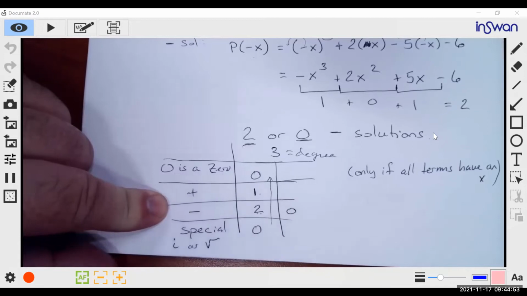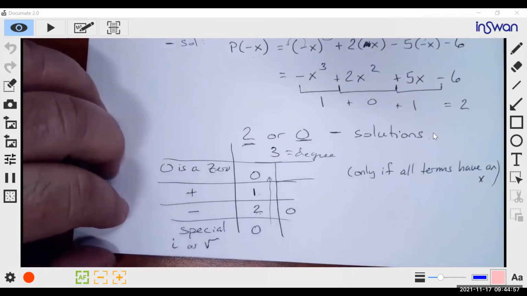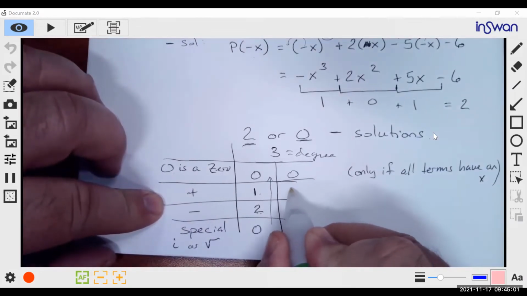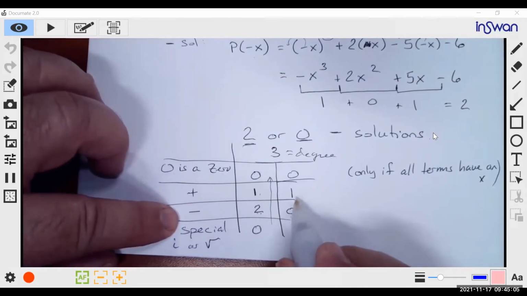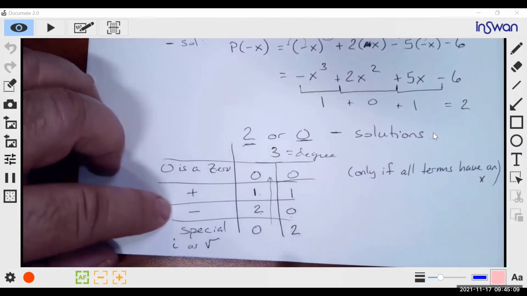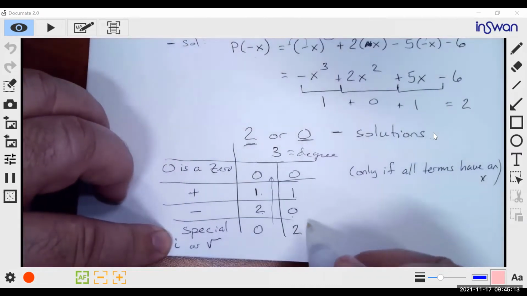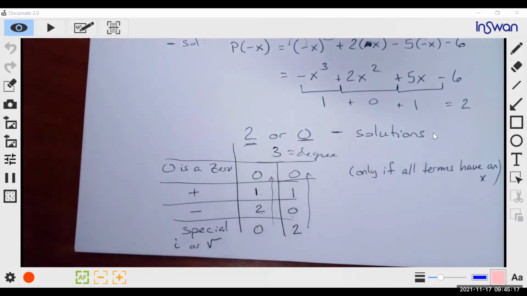So that means we'll have no specials. We can't have a 0. Since it's a 1, it has to stay there. So if we have no negatives, we have 1 positive, that means we're going to have 2 specials, because 2 plus 0 plus 1 has to equal 3. So those are our possibilities.